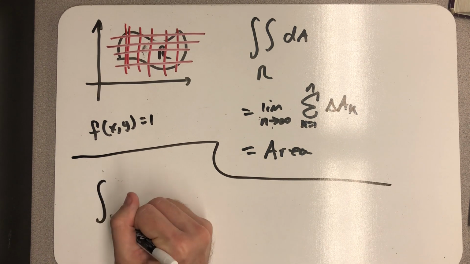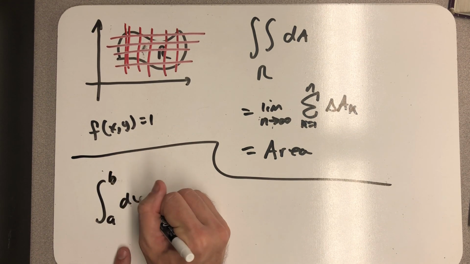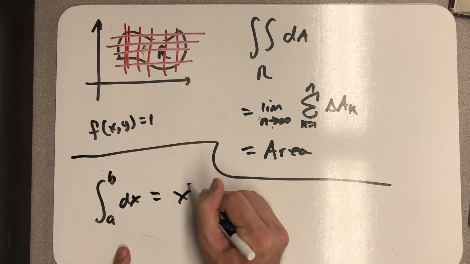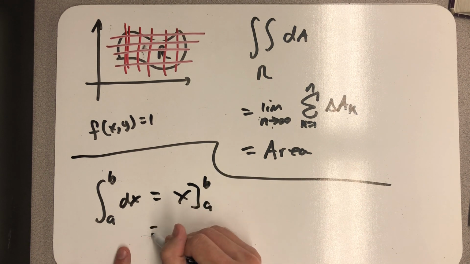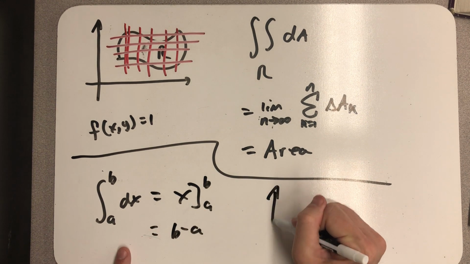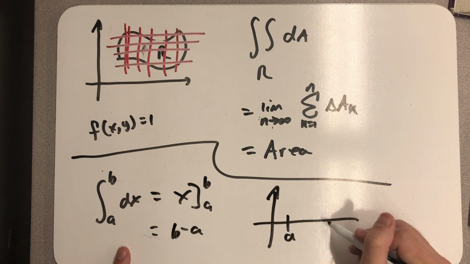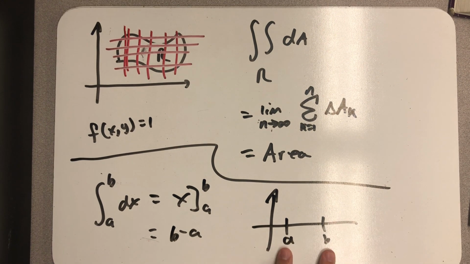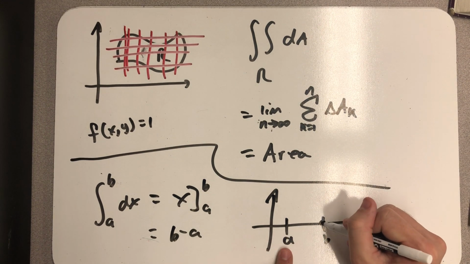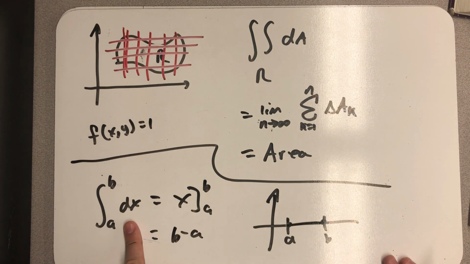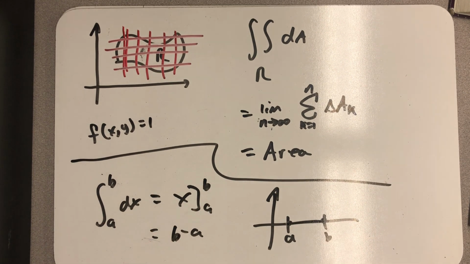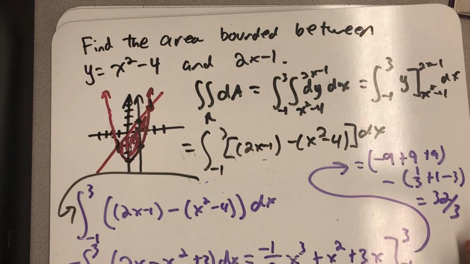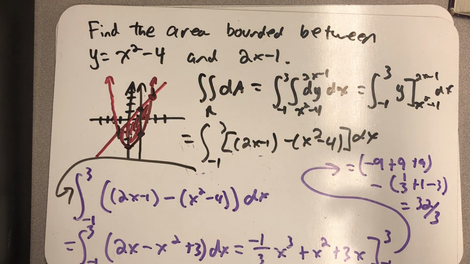If I think about the integral from a to b of dx, well, that would be x evaluated from a to b, which is just b minus a, which is the length between b and a. So integrating 1 dx gives me a length. The double integral of 1 dA gives me an area.